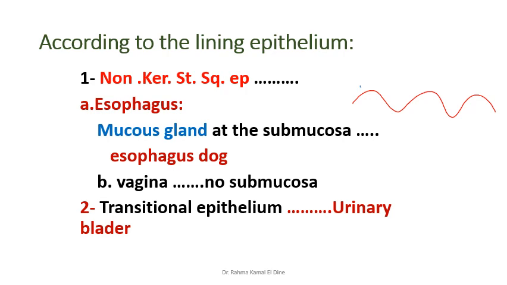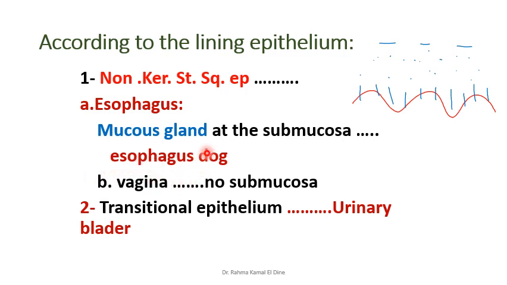The first layer of nuclei is oval, then rounded, then the most superficial are flat. When you see this epithelium, it is either esophagus or vagina.